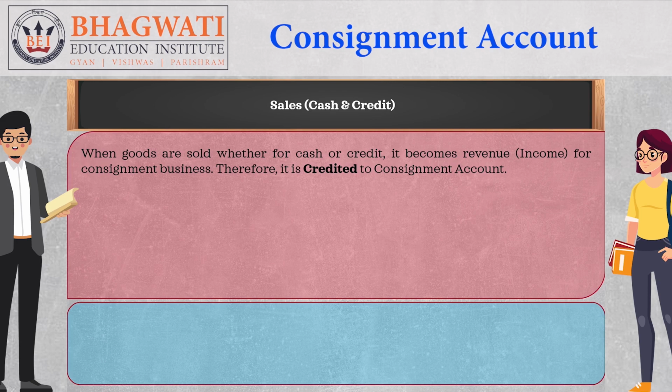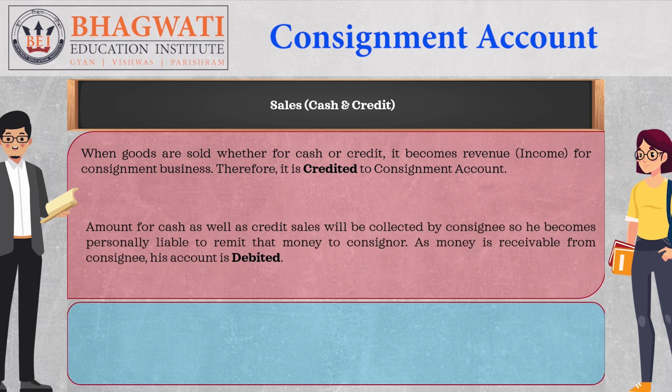If consignee has sold goods on credit, obviously the debtors, or in other words the consignment debtor, will pay this amount to whom? Our agent only, consignee, and consignee will remit this amount to us. So can we say this amount is receivable from consignee? Yes. So his account is debited. So my journal entry will be consignee account debit to consignment account.